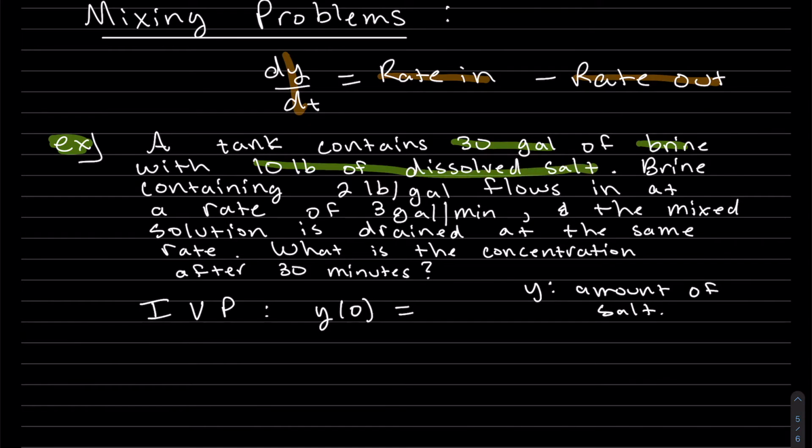So y of 0 is equal to 10 pounds of dissolved salt, and that's at time t, y of t.